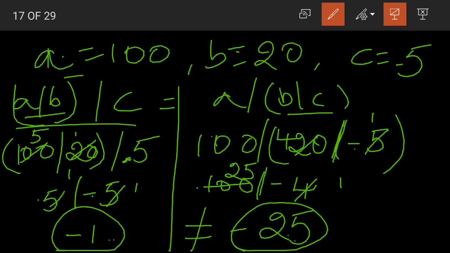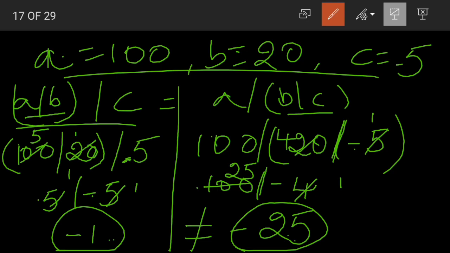Clear, class? As we used 1 in the previous example, we got LHS is equal to RHS. But if we take another set of integers, not including 1, we got LHS is not equal to RHS. No matter whatever integer I take, LHS should always be equal to RHS.